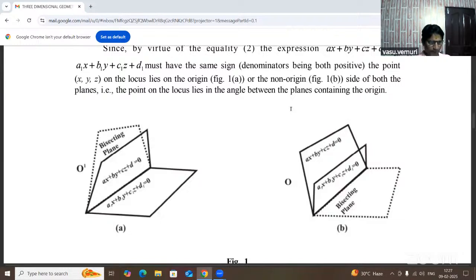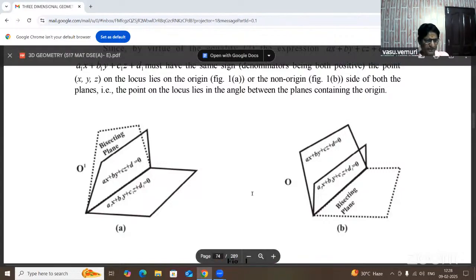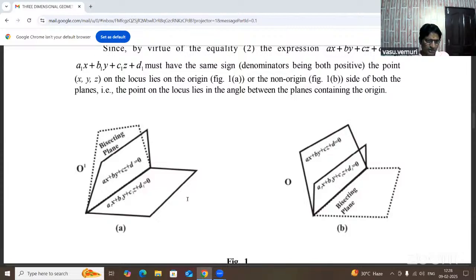Now the bisecting plane is also like that. One is the bisecting plane, this is figure A and this is the other one, figure B. The bisecting plane is also considered this way, this is the dotted part.